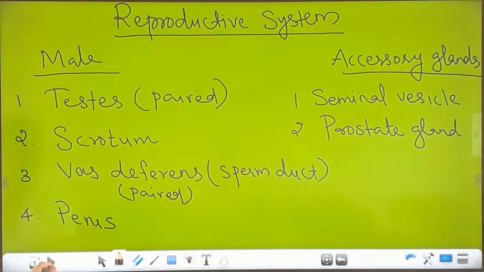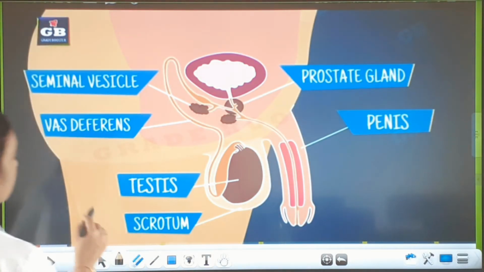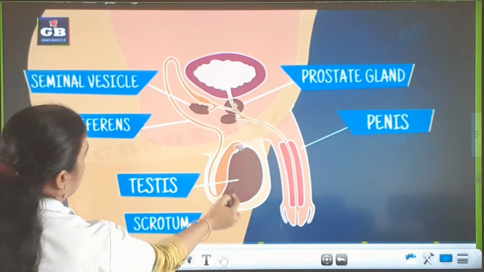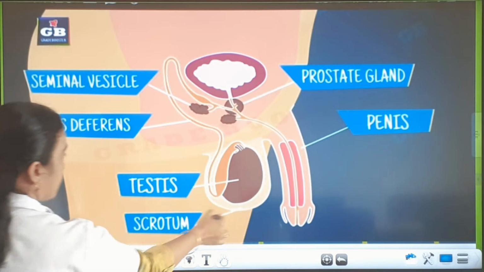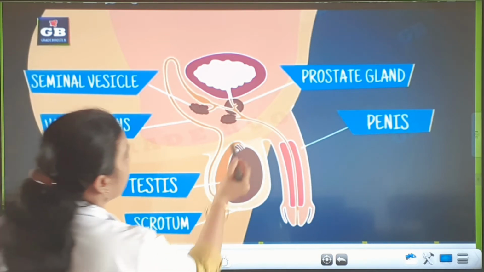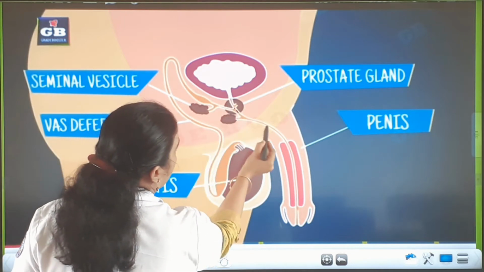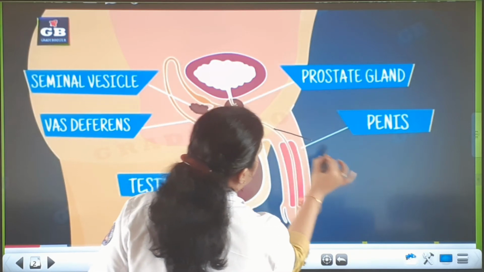Okay. Let's see the structure. First one, testes you can see. Then scrotum. It's a pouch of skin that I will teach you later. Then the third one, urethra. This is a urethra, a long tube.